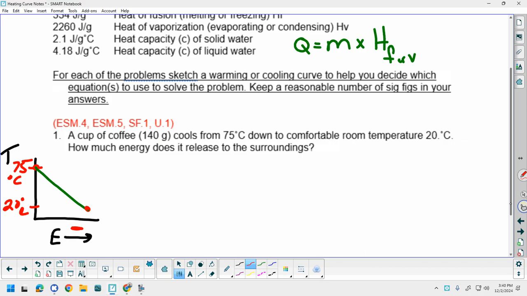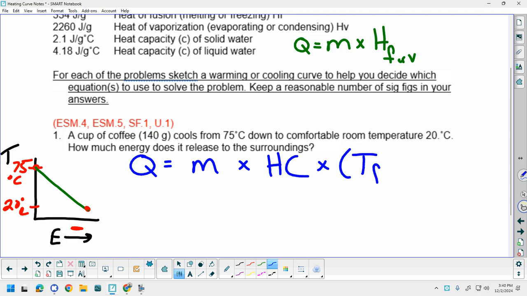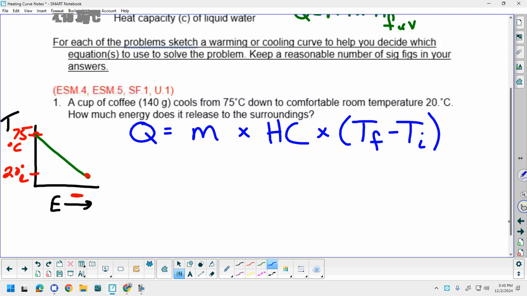So that tells me I want that first equation, mass times heat capacity times the change in temperature. How much energy does it release? That tells me I am ultimately looking to solve for Q, the amount of energy.